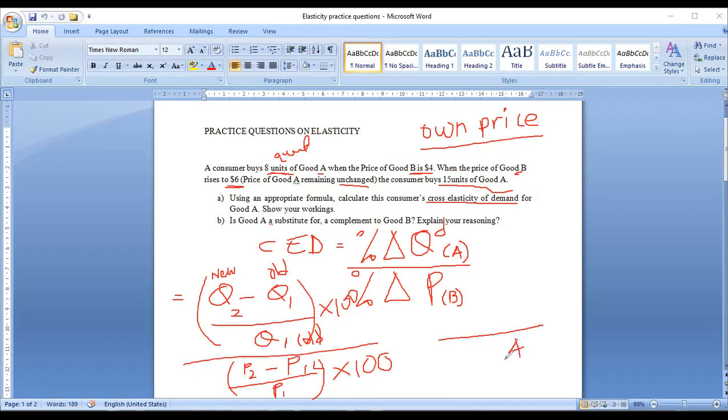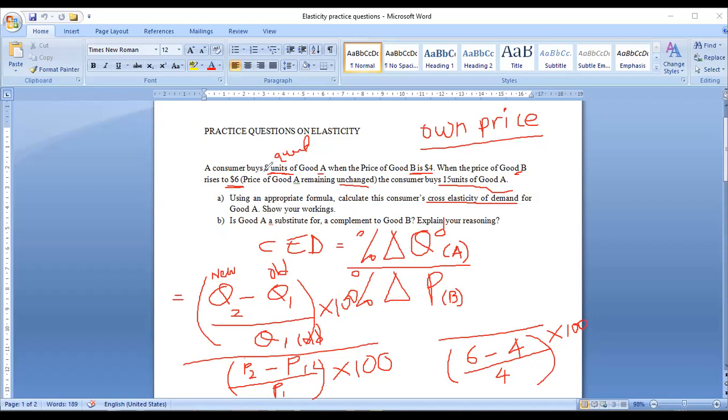Of course, you can begin with anything. The original price is 4. The new price is what? 6. So new price minus original price over original price times 100 will give us the denominator, which is the percentage change in the price, right? Then we get the numerator, which is the percentage change in the quantity demanded of good A. Here we just look at the quantity.